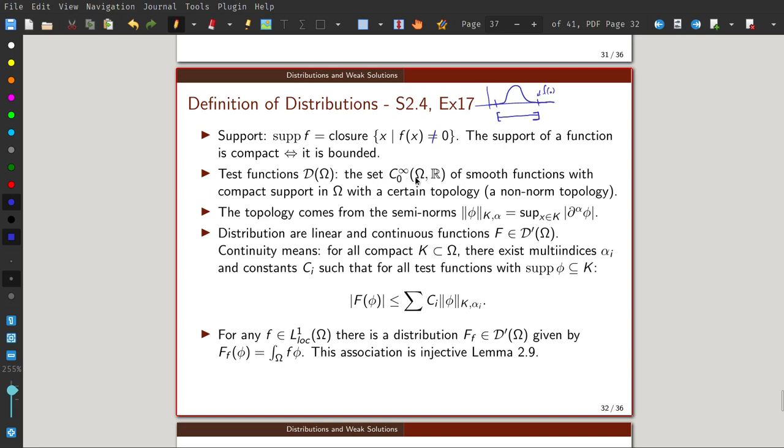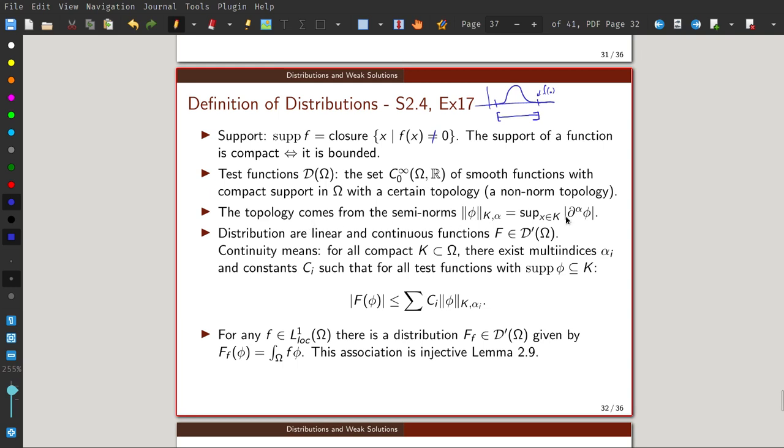Normally, we give the set of smooth functions the norm topology coming from the supremum norm, but we want to give the space of test functions, which is the same functions, a different topology, and it's a non-norm topology, so we don't really worry about it in this course. But because we don't want to make a wrong definition, we do give you the correct definitions.